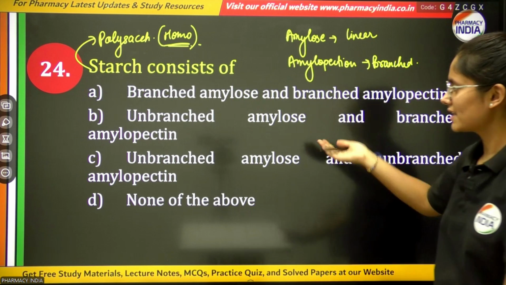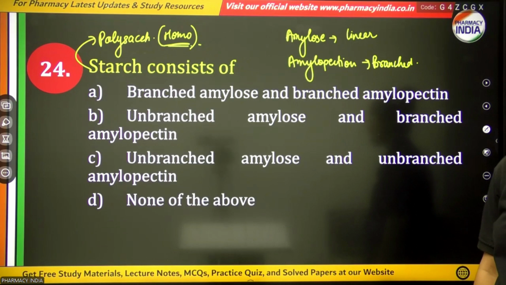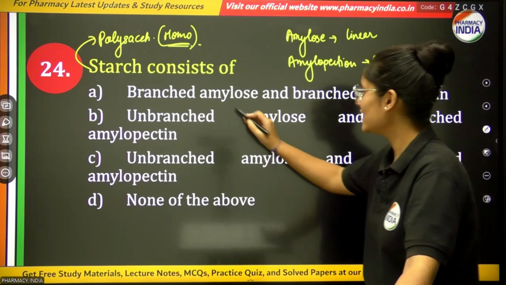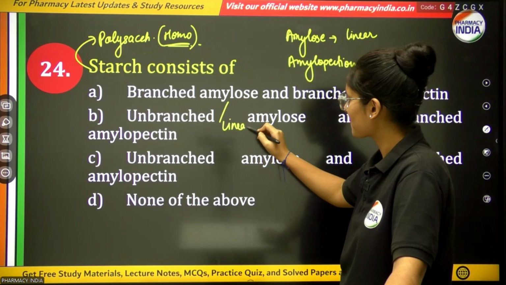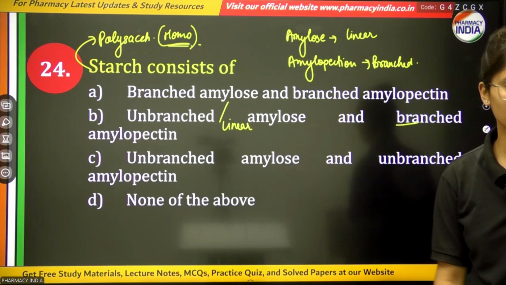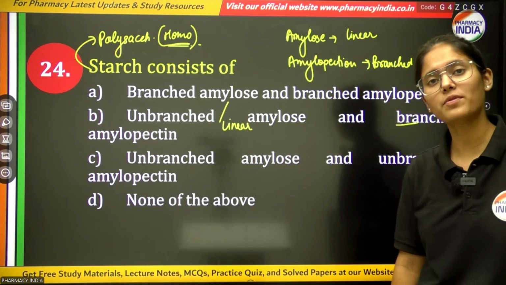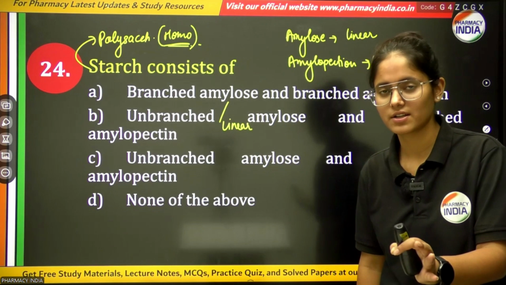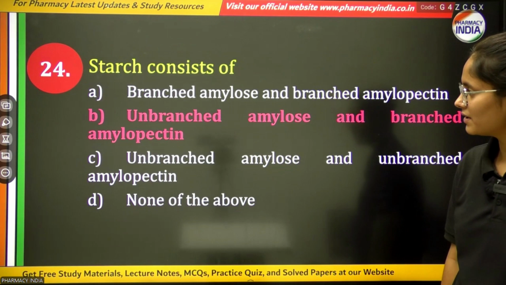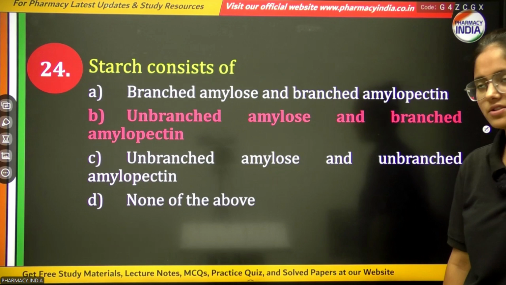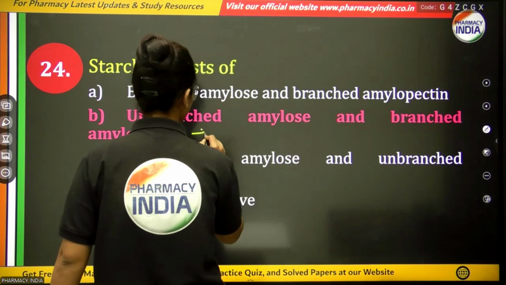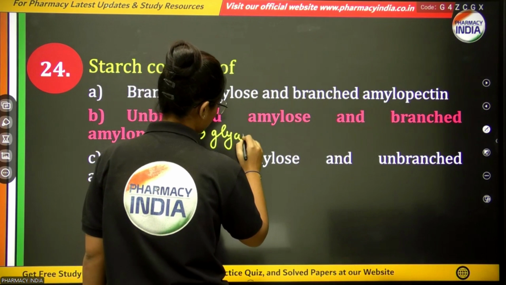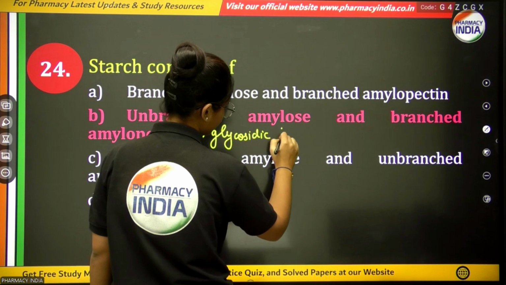So obviously the correct option will be second, unbranched amylose, or you can say linear amylose, and branched amylopectin. These are the forms of glucose in starch. Clear? So the correct option will be unbranched amylose and branched amylopectin, which are connected by glycosidic linkage.